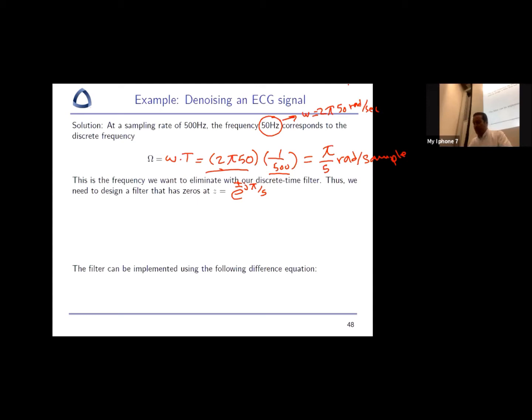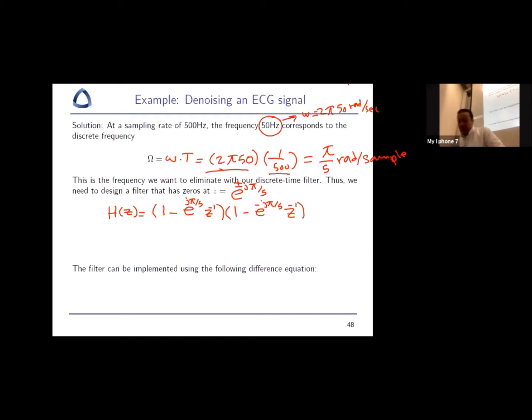So again, we find the transfer function of the system that has these two zeros. That will be 1 minus e^(j pi over 5) z^-1, times the other root, which will be 1 minus e^(negative j pi over 5) z^-1. Please review that to see if I missed anything there.